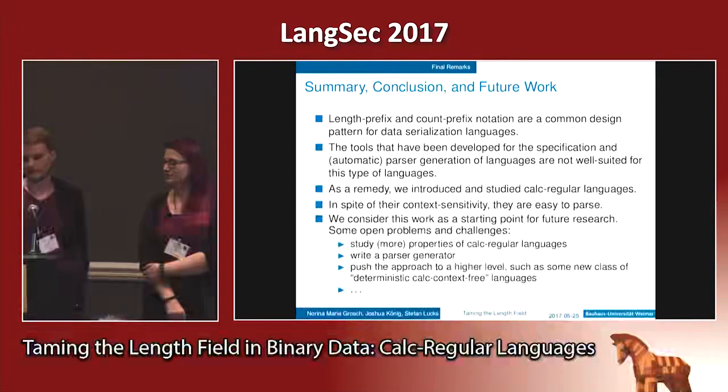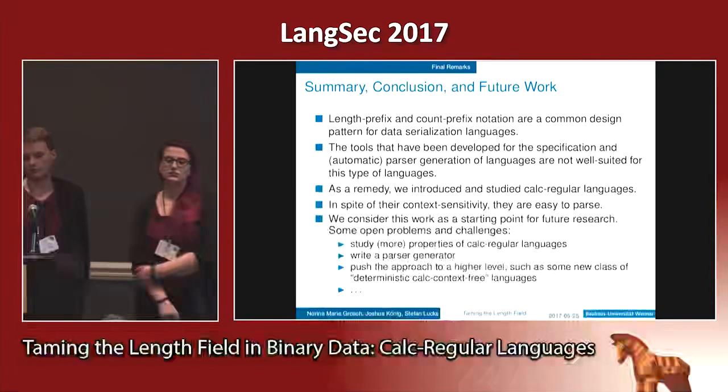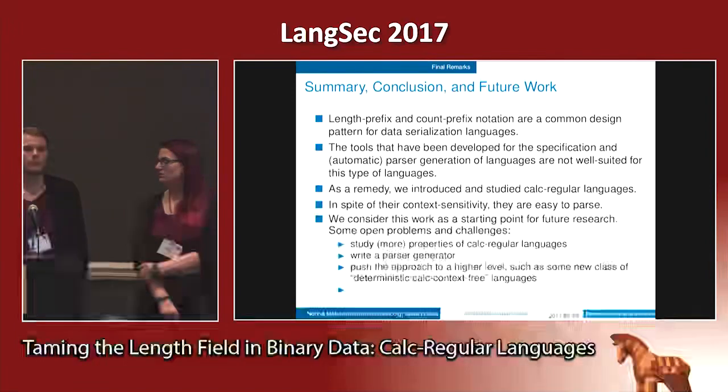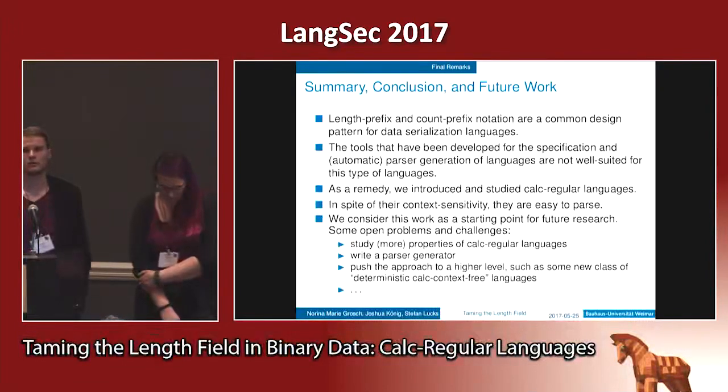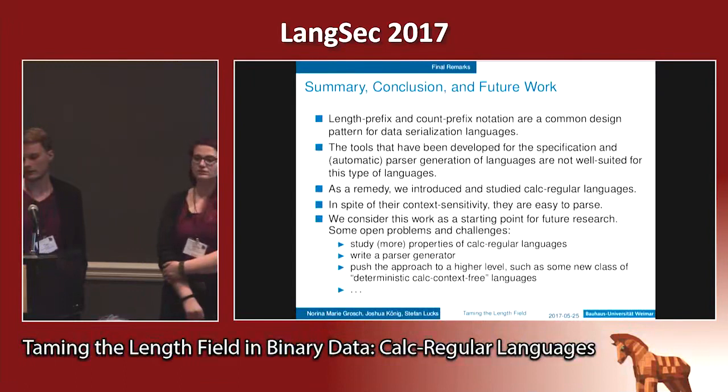And this is a starting step for future research. We would have to study more properties of those Calc regular languages and write our own parser generator for them, and maybe we could even introduce a thing like deterministic Calc context-free languages, which would allow us a good amount of nesting.